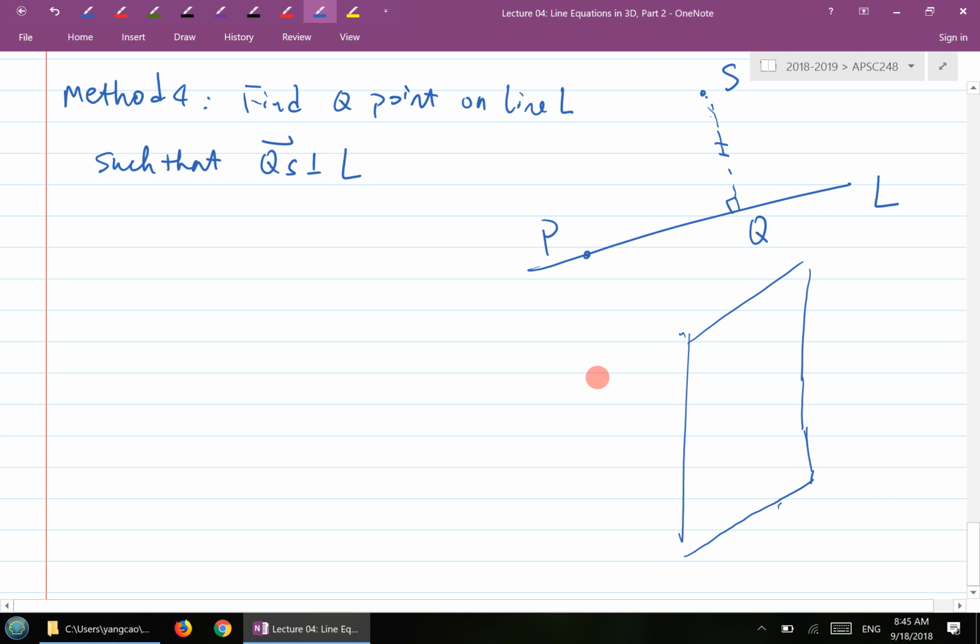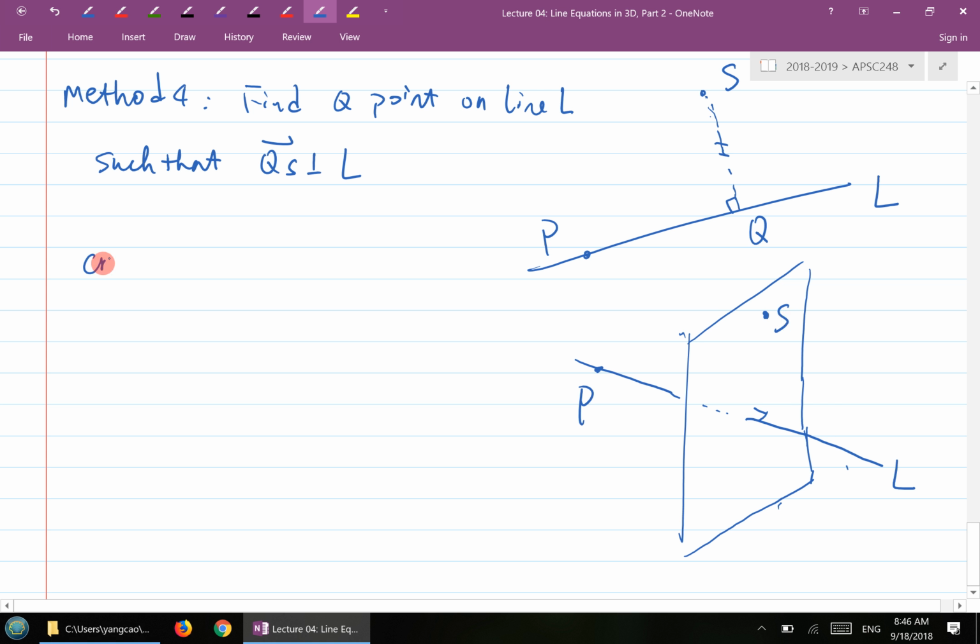I'm going to draw a line L passing through a plane here. And here's point P, here is point S. You'll see the plane I'm drawing here is not an arbitrary plane. I draw the plane passing through this point S. At the same time, this plane is also perpendicular to the L. So this plane is perpendicular to the L and passing through S. Given these two conditions, you actually have a unique plane.